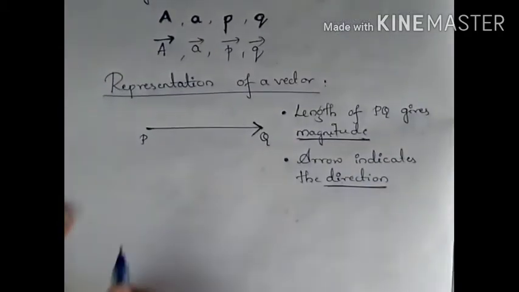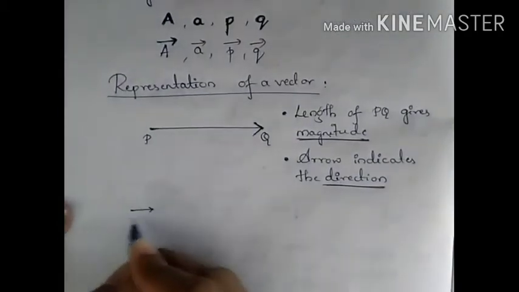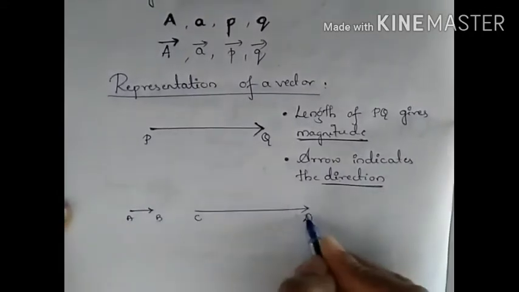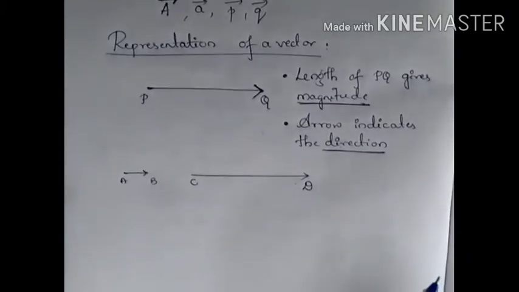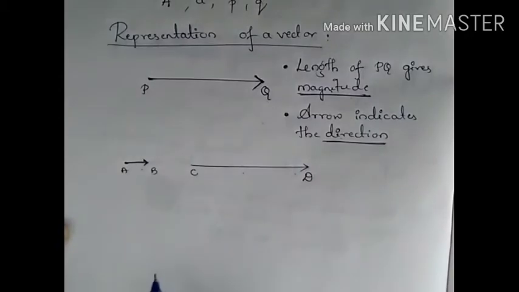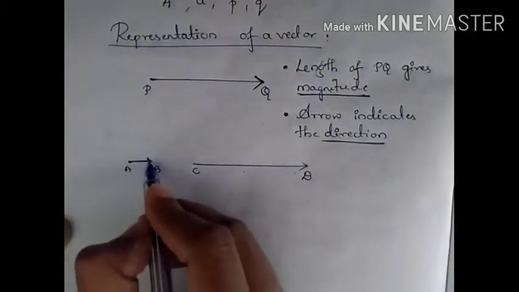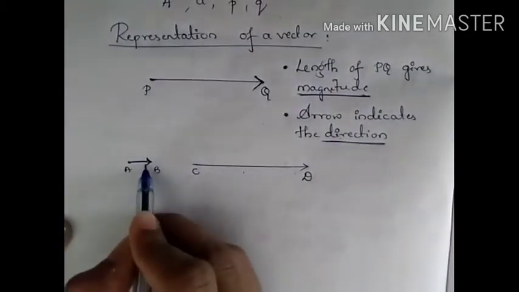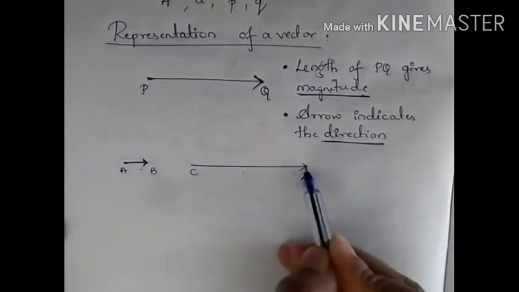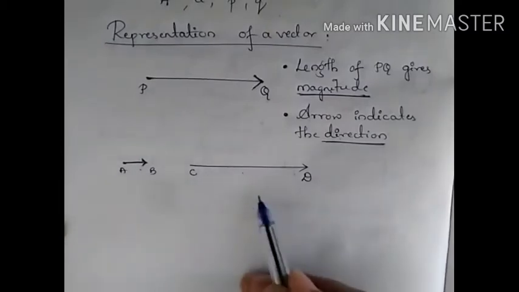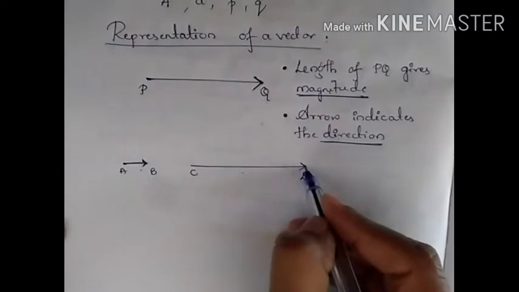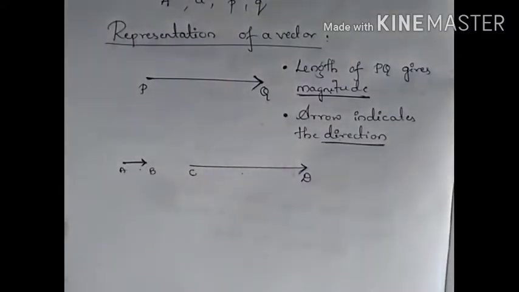Let's suppose you have two vectors, vector AB and vector CD. If you observe these two vectors, AB has a small magnitude, and the direction of this vector is in the positive x direction. For vector CD the magnitude is more compared to AB, and the direction is again the direction of AB.